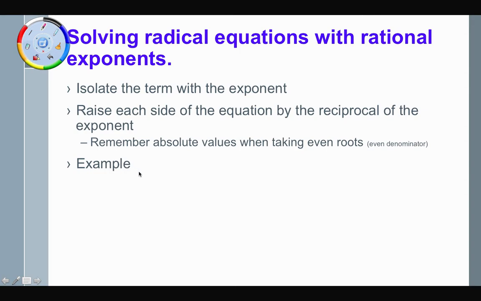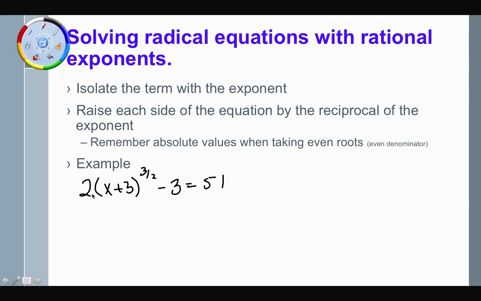All right, let's go ahead and look at one more just like that last one. In this case, we're going to say 2 times x minus 2 to the power of 2/3. Sorry, not 2/3. I wrote the wrong problem. Let's go with 2 times x plus 3 to the power of 3 halves, minus 3 is equal to 51.